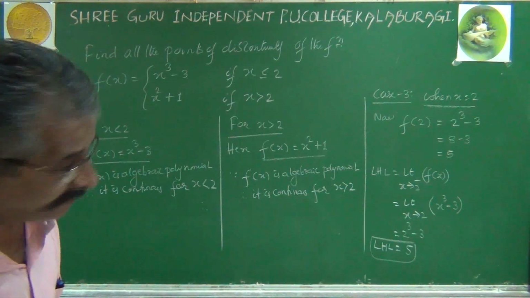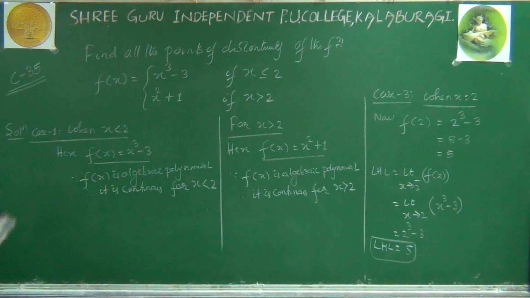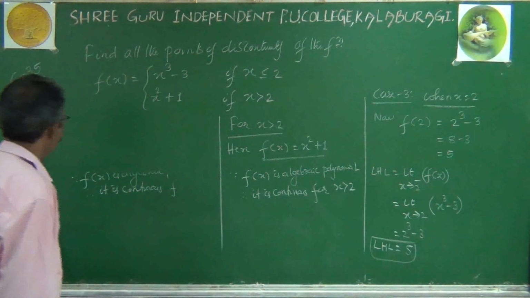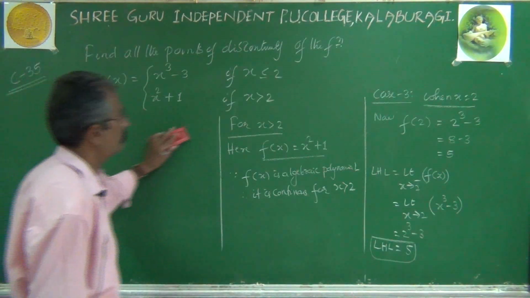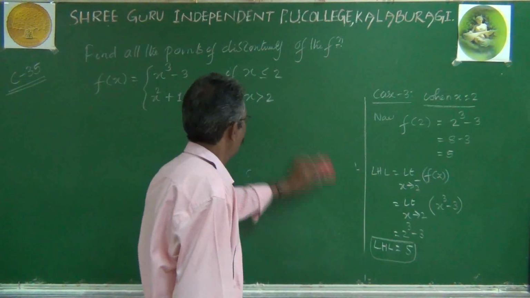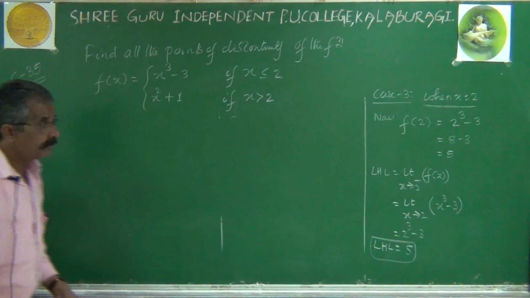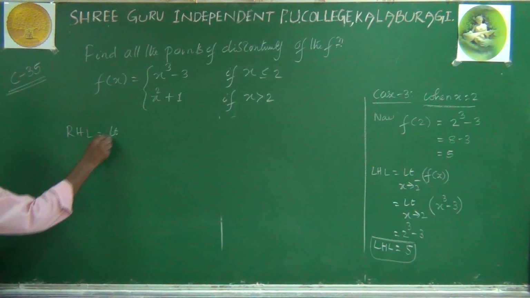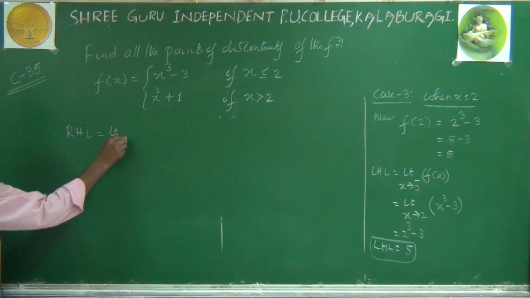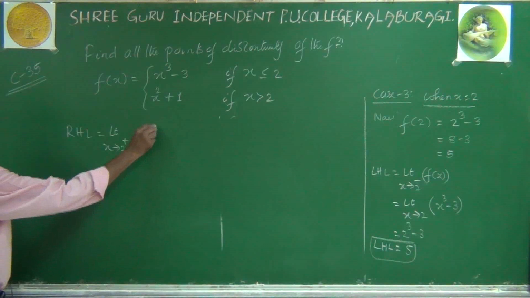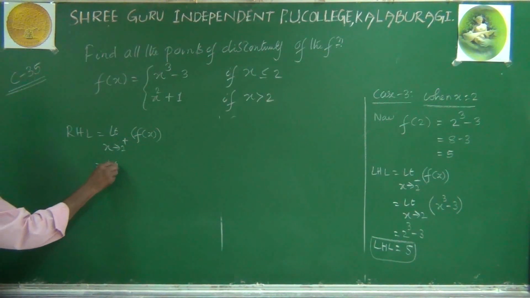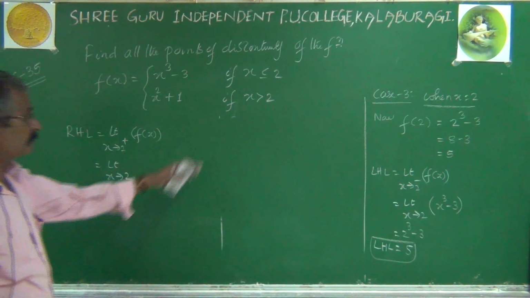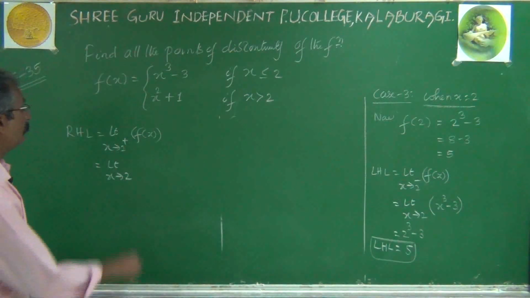Let's find the right hand limit. Now, right hand limit RHL equals limit x extending to 2 plus f of x. That is, x extending to 2, and 2 plus means more than 2. When x is more than 2, the function is x square plus 1.